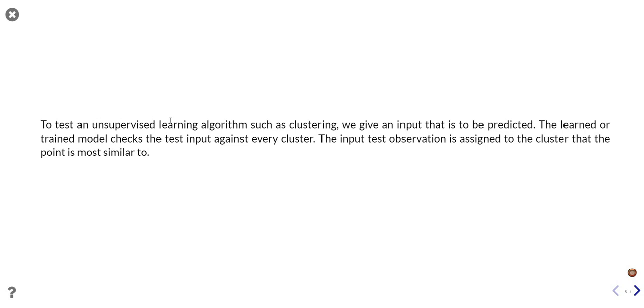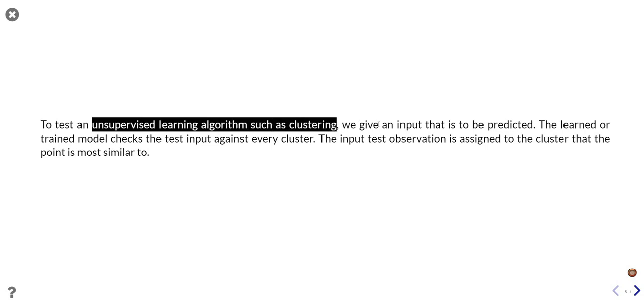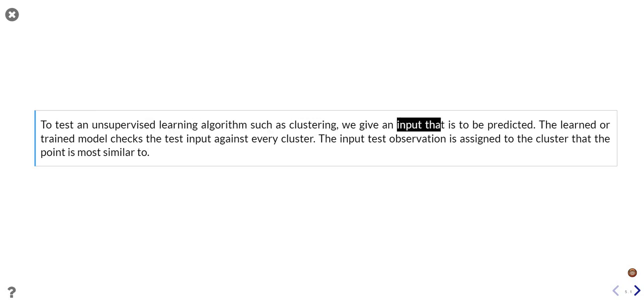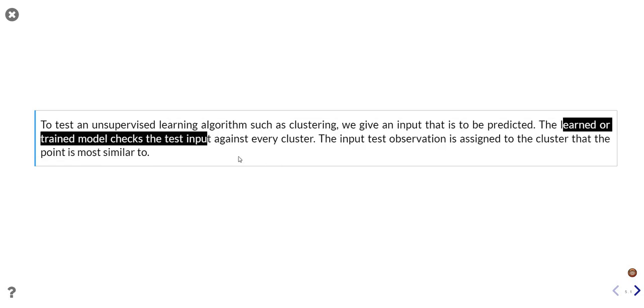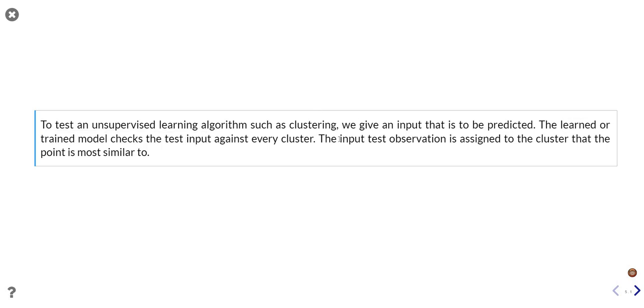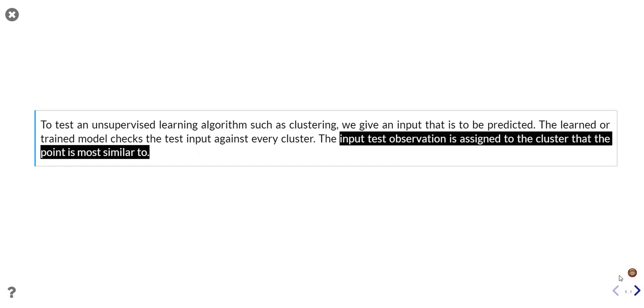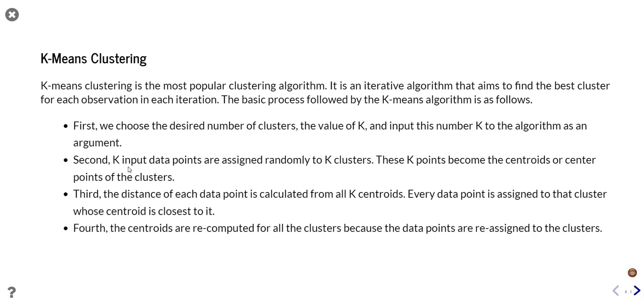Based on the unsupervised learning model, it will try to see whether that particular input is closer to cluster number 1, cluster number 2, or cluster number 3, and whichever is closest, it will label it as that particular cluster. So the input test observation is assigned to the cluster that the point is more similar to. This is how you form clustering.